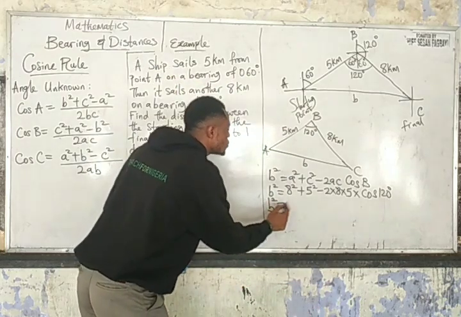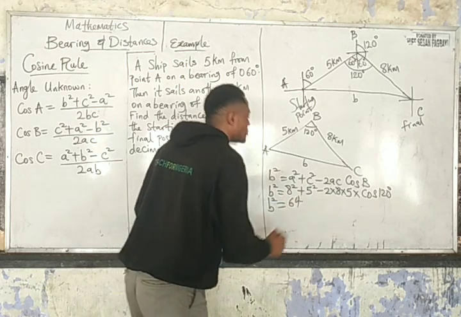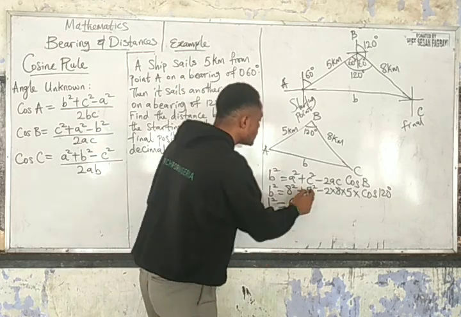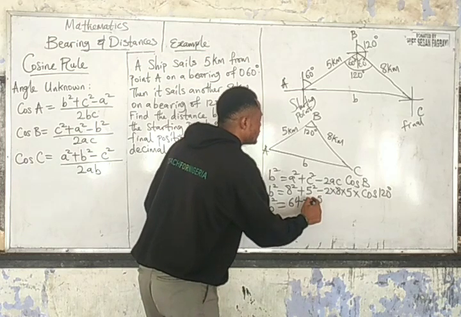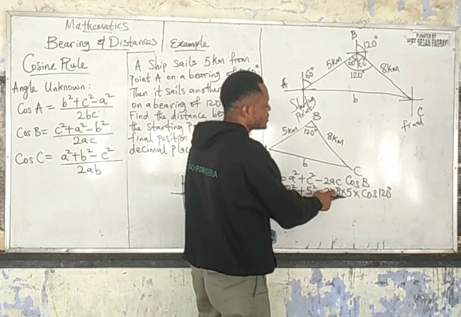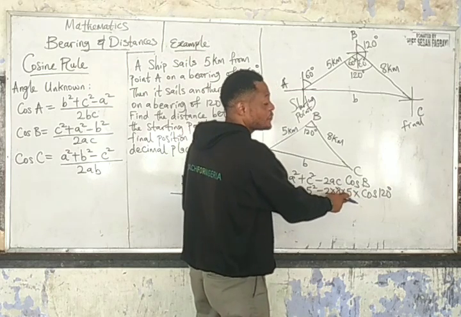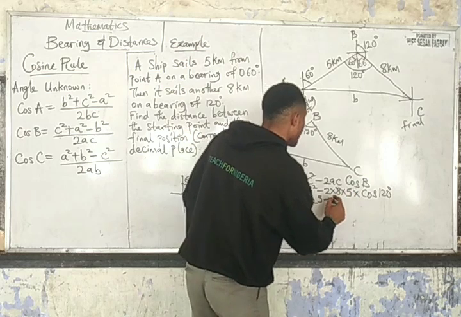B squared is going to give us, A squared is going to be 64. 8 times 8 is 64. We have 5 times 5 to be 25. Then 2 times 8. In fact, 8 times 5, 40. Then 40 times 2, we have 80.